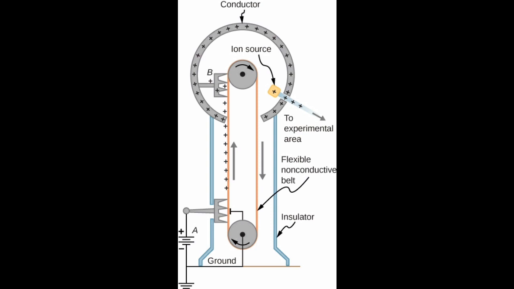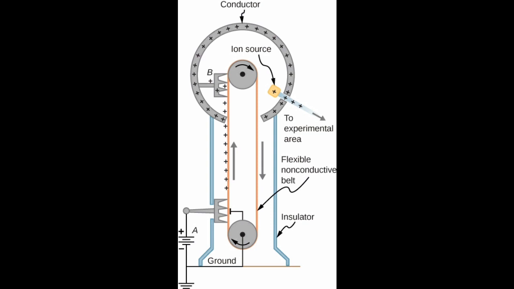Now let us explain the schematic of the Van de Graaff generator. Letter A supplies excess positive charge; it is a battery and pointed conductor, the points of which spray the charge onto a moving insulator belt near the bottom. The pointed conductor, which is letter B, on the top of the large sphere picks up the charge.